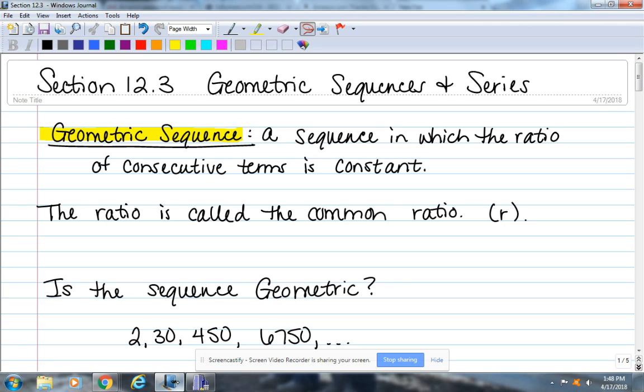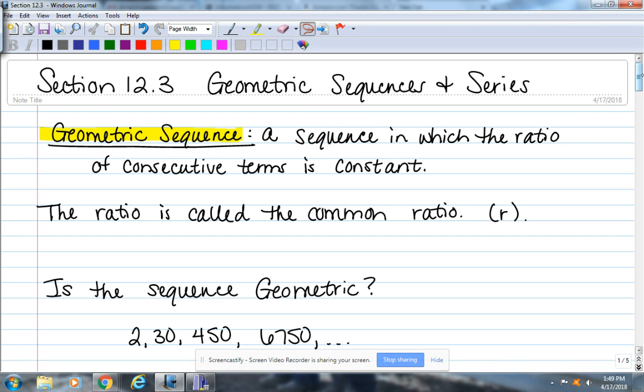So obviously, if you're dividing by the same number, your common ratio will be a fraction. Okay? So your common ratio, we call that little r. You know, like common difference yesterday, we had a little d. Well, common ratio, we have a little r. And that is the number that gets multiplied by every single time.